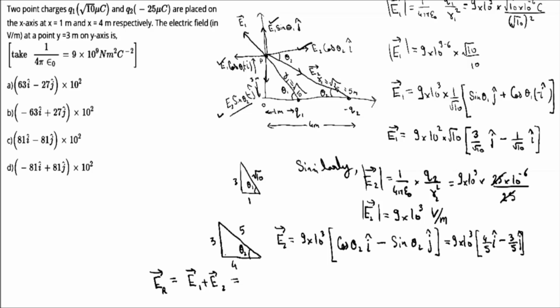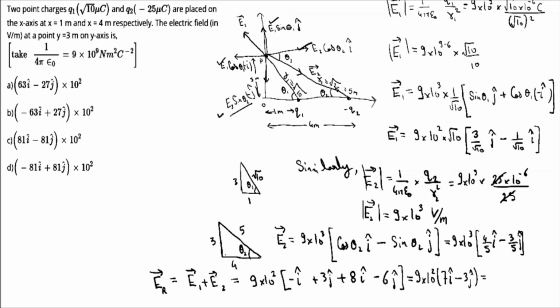The expressions we already have, and on adding, we make it simpler and get the final expression: 9 into 10 to the power 2 taking common, and after the addition and subtraction, in brackets we have 7 I cap minus 3 j cap.